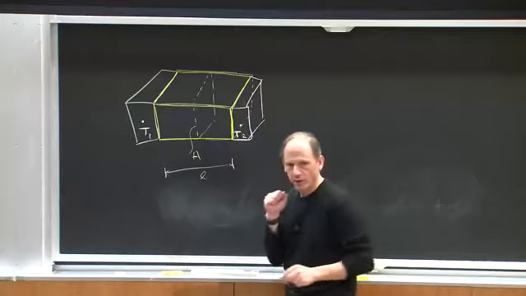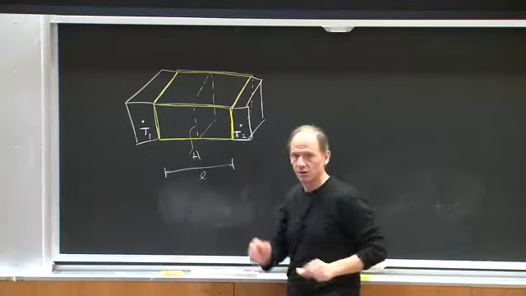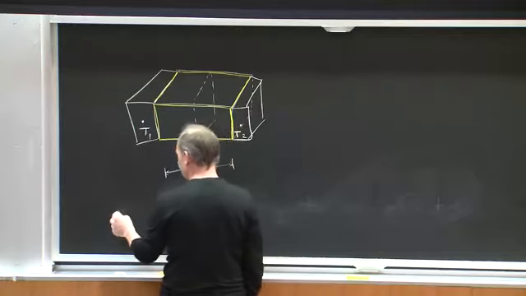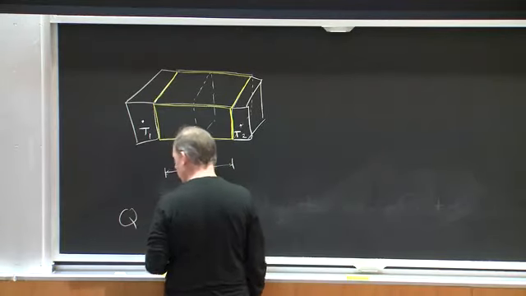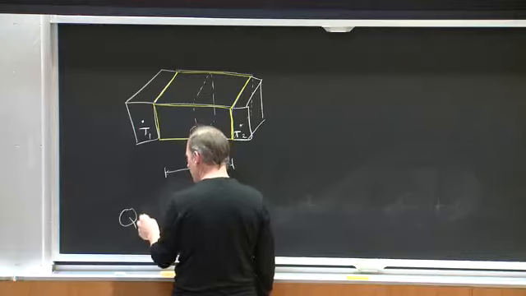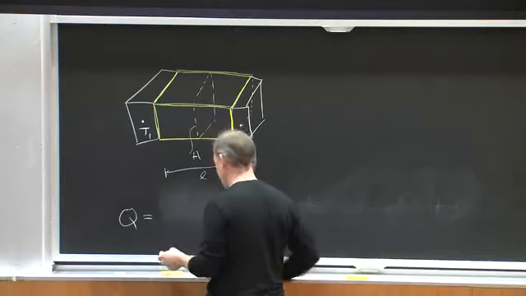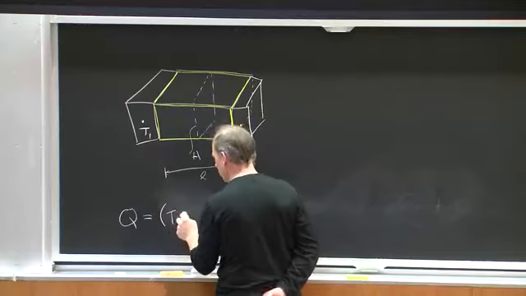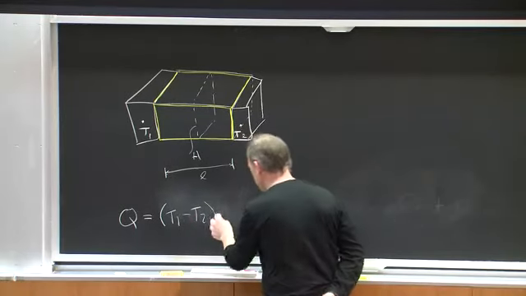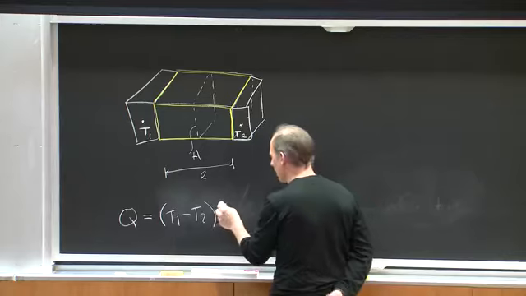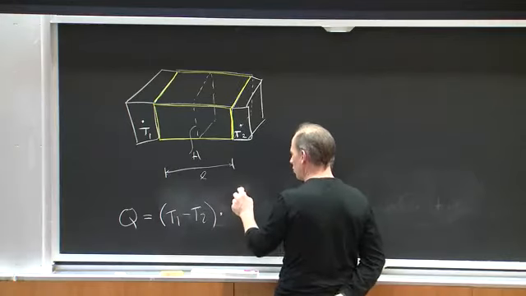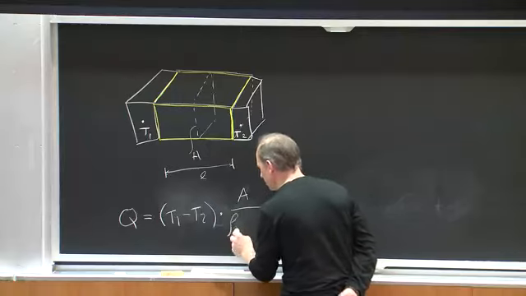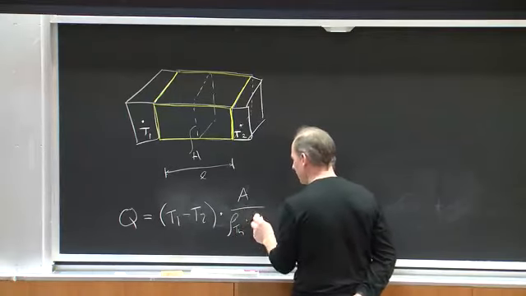And in this kind of situation with 1D heat transfer, for many materials, what you get is the following relationship. Q, that's the amount of heat transferred, is proportional to the temperature difference, T1 minus T2, okay, times the cross-sectional area divided by the thermal resistivity, RTH, and divided by the length, right?